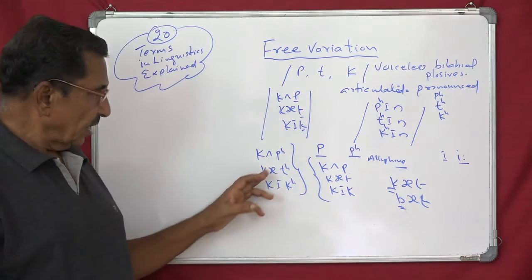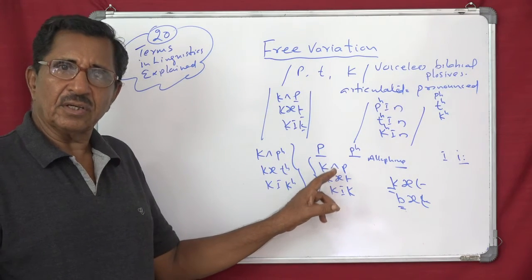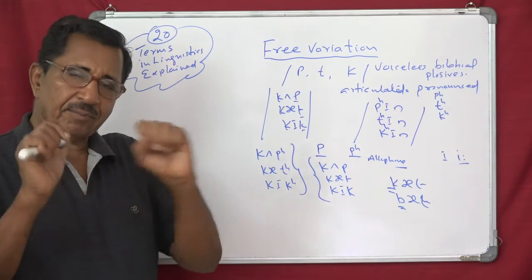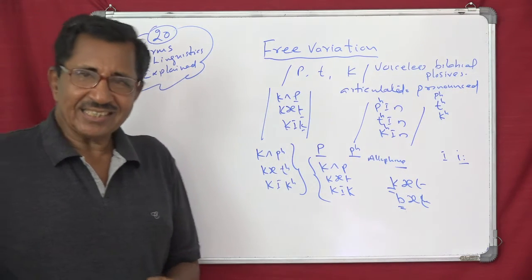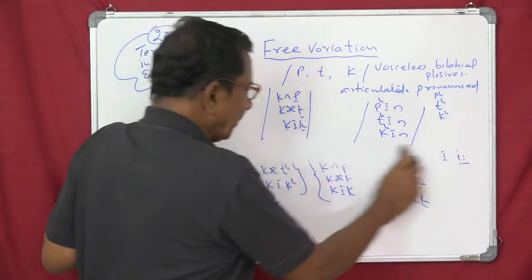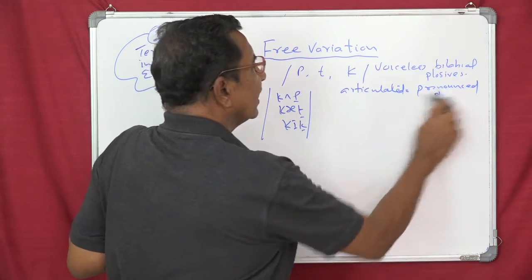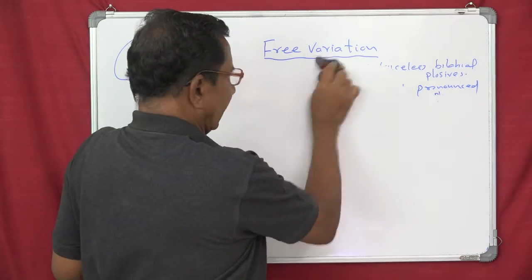In this case, if you substitute aspirated p for unaspirated p, or unaspirated p for aspirated p, the word remains the same. So interchangeable sounds which do not make any change of meaning are, we can say, in free variation.